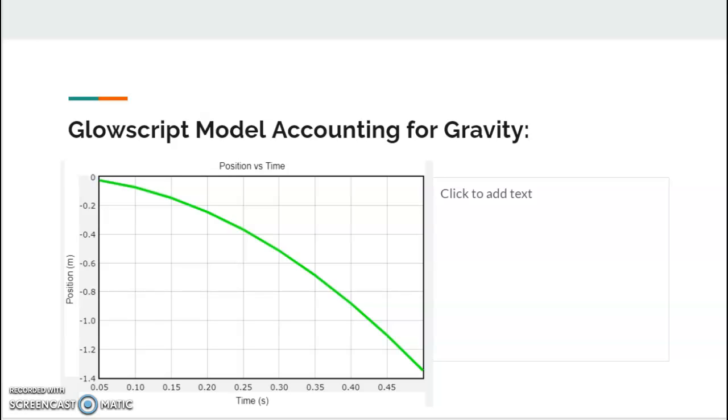And so this position versus time graph was modeled as a result of this. And it shows a curved position versus time graph as the object fell. And in this case, there was no terminal velocity.